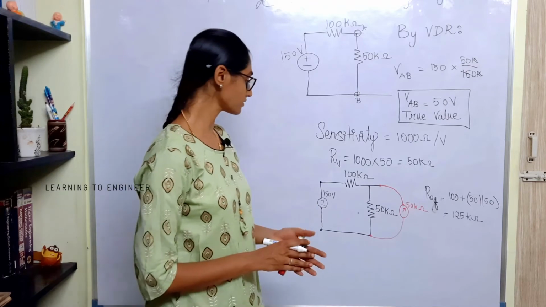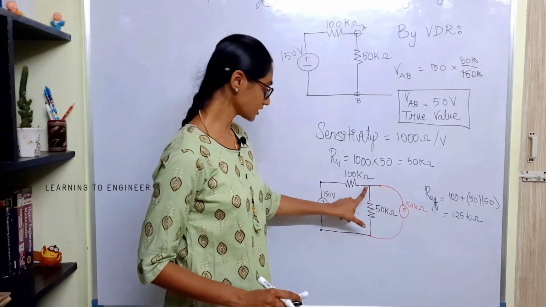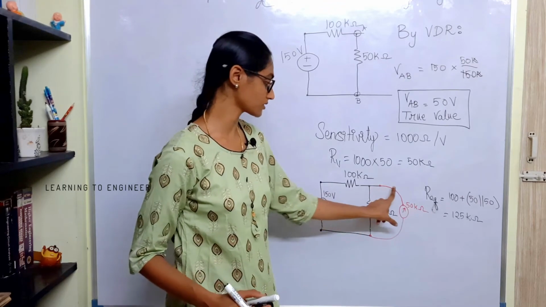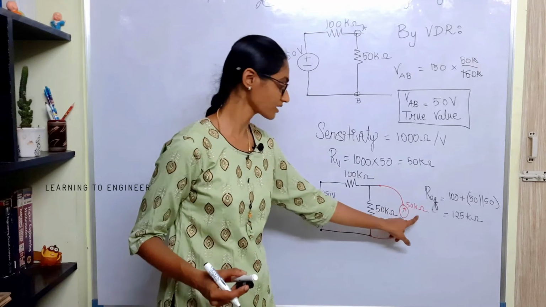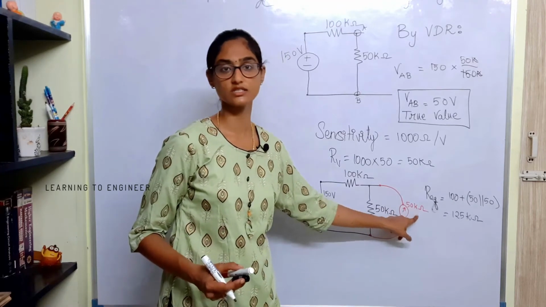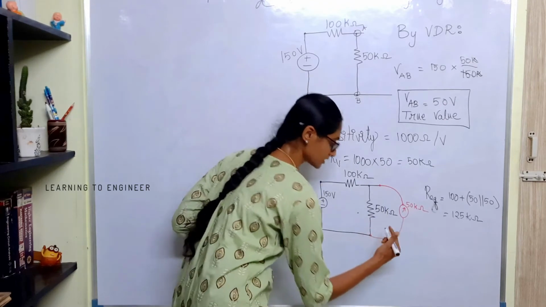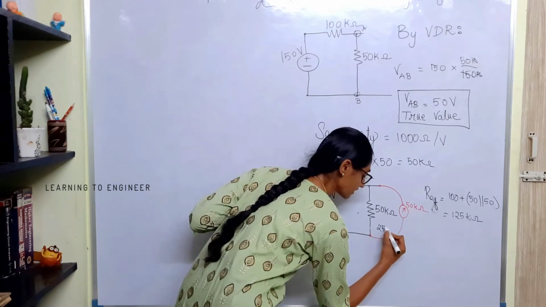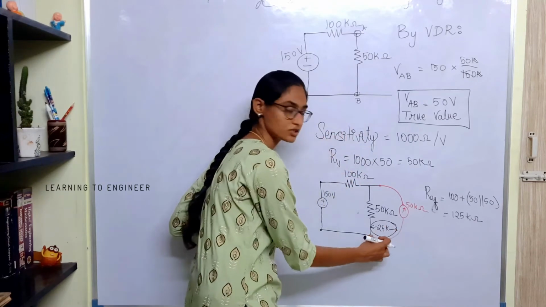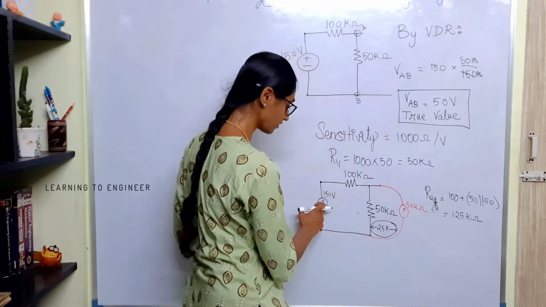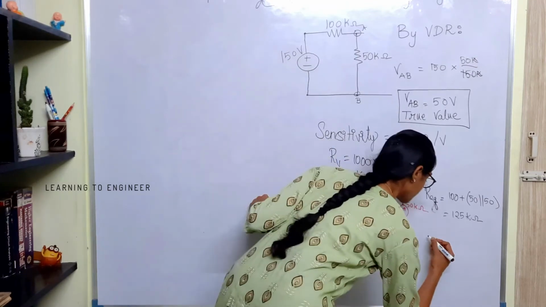The voltage that appears across it is the same as the voltage that appears across the voltmeter, and this voltage is affected by the additional resistance connected in this circuit. The effective resistance across these two alone is 25 kilo ohm. So 150 volt is shared by 100 kilo ohm and this 25 kilo ohm.